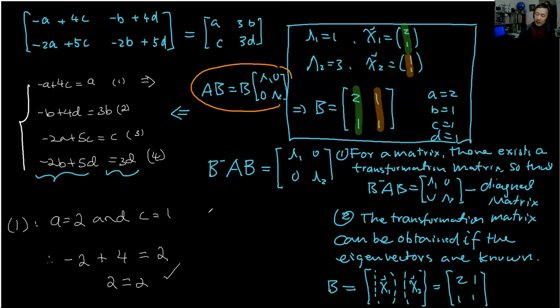If it's 2 by 2, the maximum number of eigenvalues is 2. But sometimes the 2 eigenvalues are identical. This is similar to the quadratic equation, where the maximum is 2 solutions, but sometimes you get two identical answers.